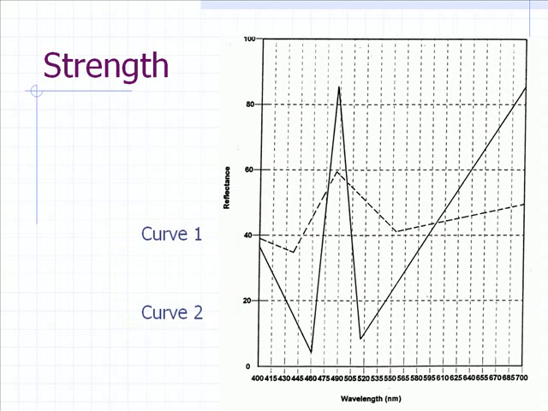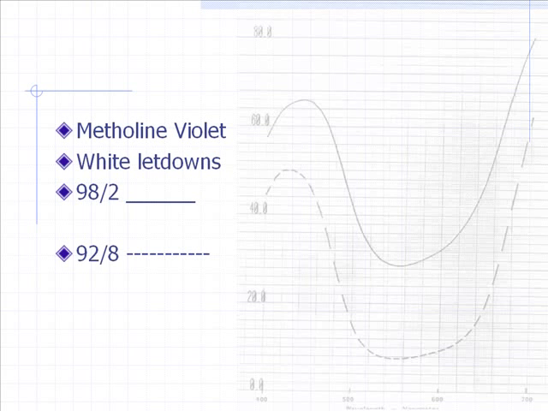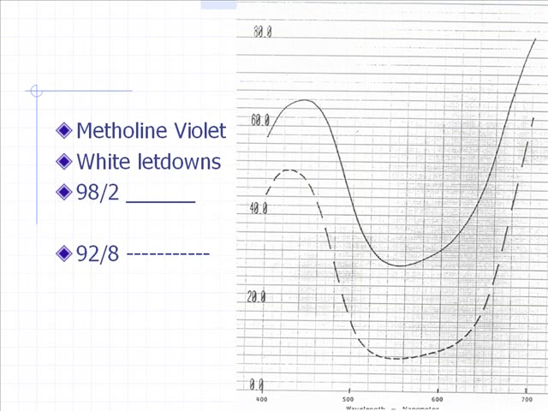And this is a curve of an actual pigment. This is our violet. What we have here are two different white letdowns, like I showed before. The lower one has a greater percentage of colorant in it than the higher one, so we can see that it's lower on the graph. Even if it didn't say which one was which, it would be easy to tell that this one is the 8% colorant and this one is the 2% colorant.